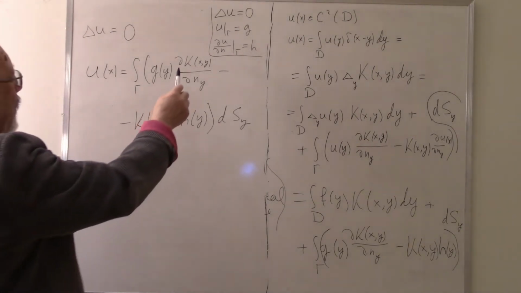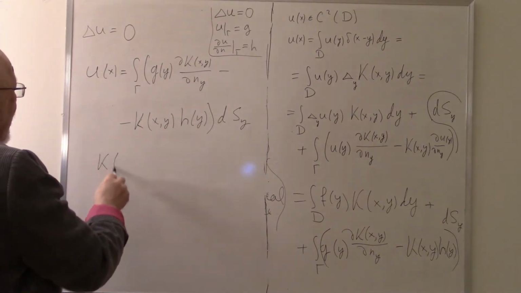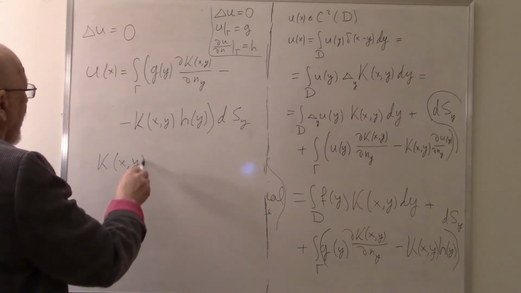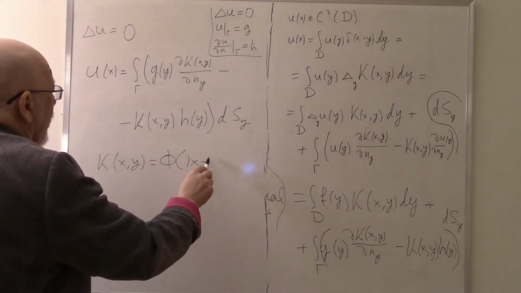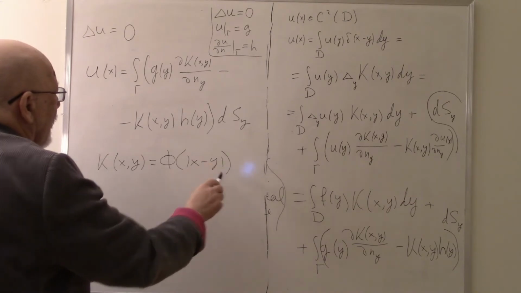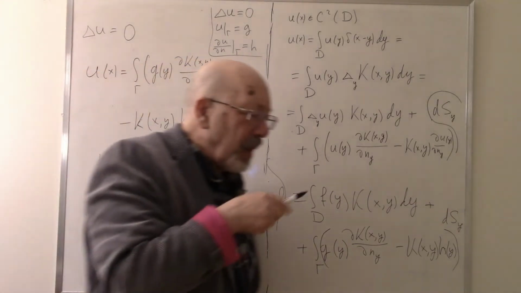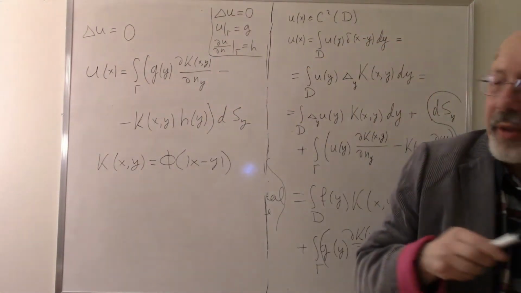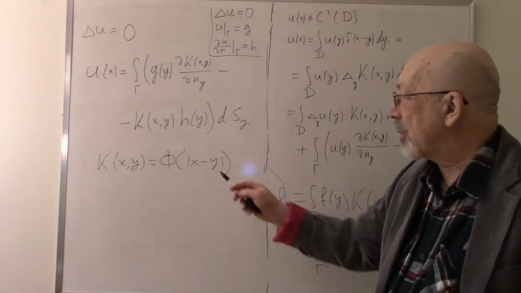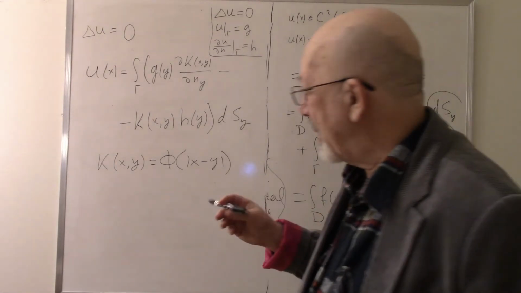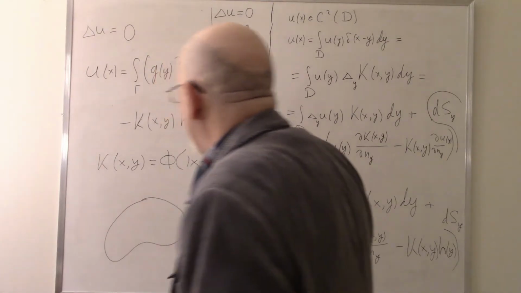Let us look at the function k of xy. K of xy equals phi of the modulus of x minus y, where phi was written here. Phi is either the logarithm of x minus y, or it is some power of x minus y with some coefficient.